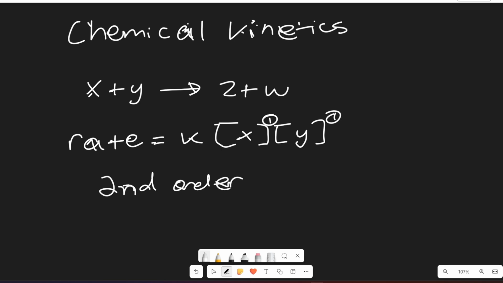And what that means is that these are both molarities. So essentially we're going to have molarity squared here, and then times K, and we need our rate to equal molarity per second.